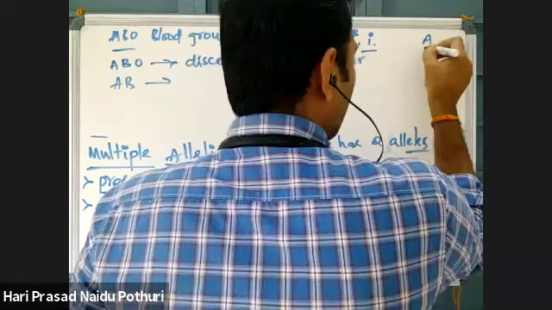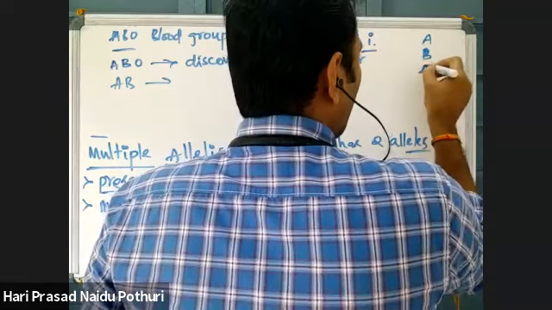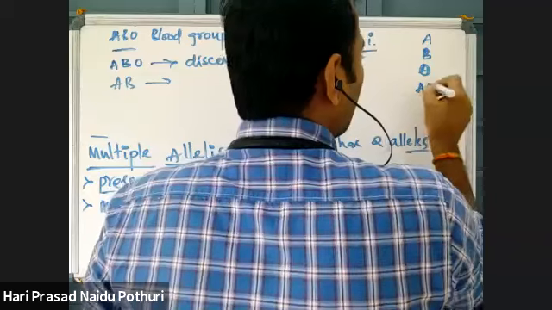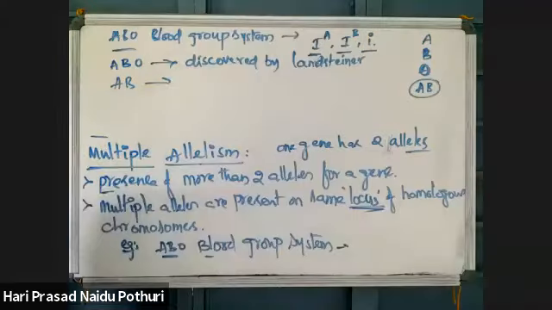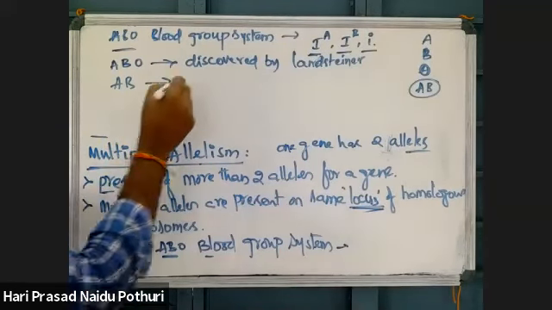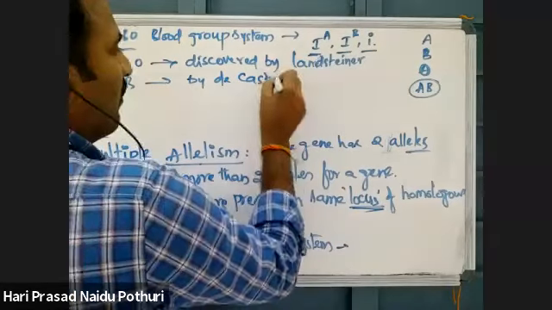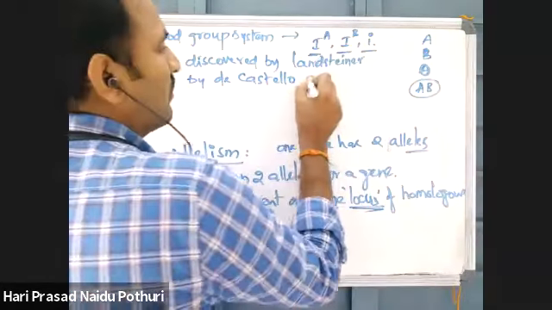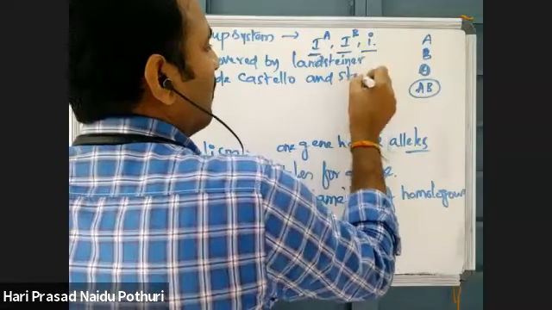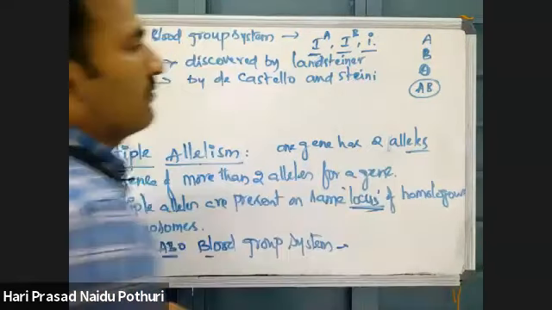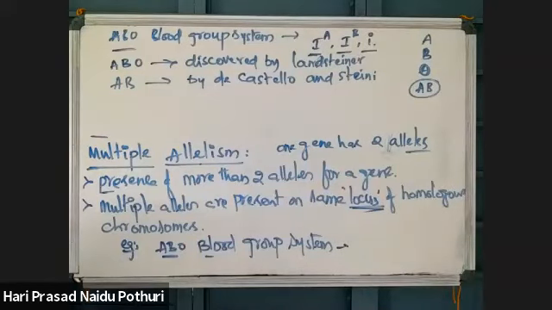Blood group A, blood group B, O, and AB.